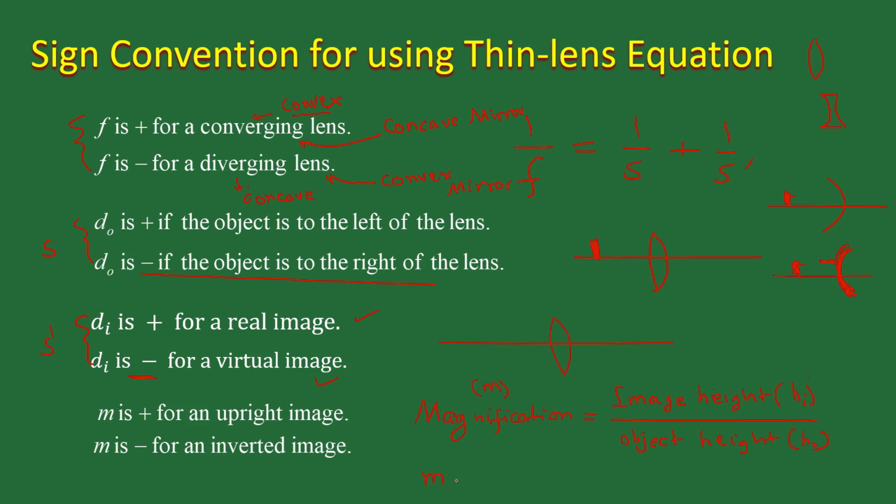There is another way to find magnification. We can also find magnification by taking the negative ratio of image distance over object distance.